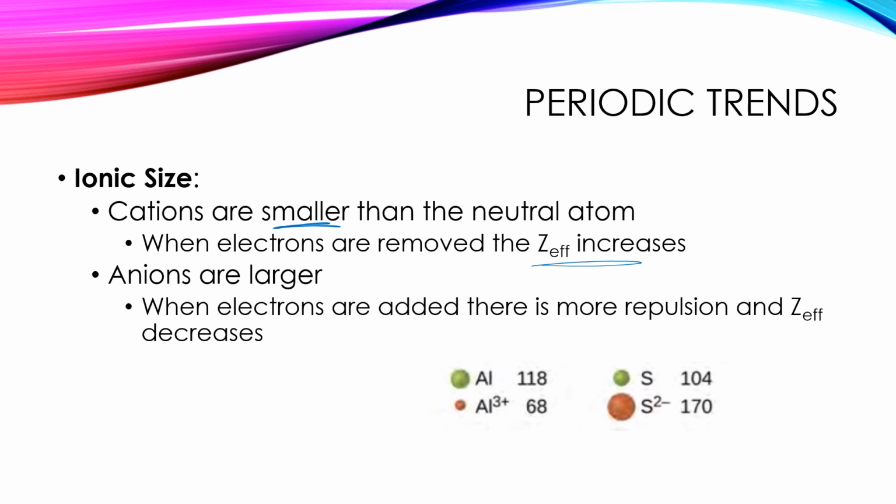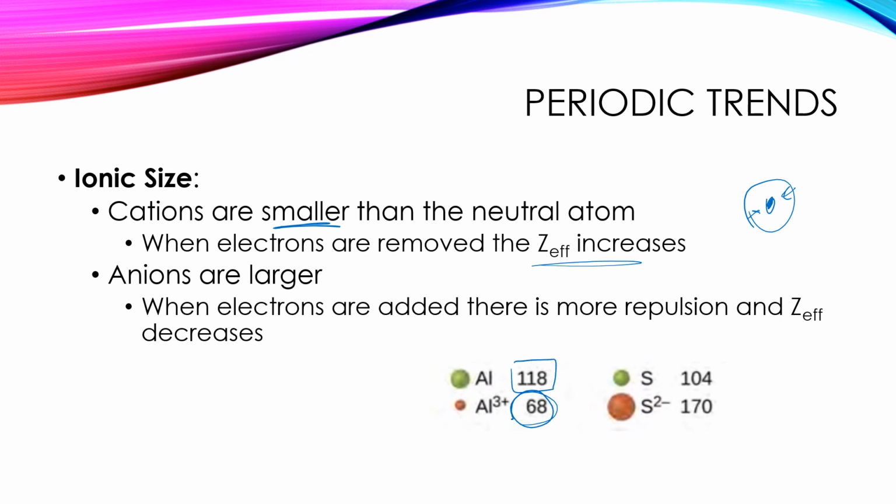Take the example of aluminum. When aluminum loses its 3 valence electrons, all of its remaining electrons are now way closer to the nucleus, and it's able to pull them in tighter. And so the cation is much smaller than the neutral atom.